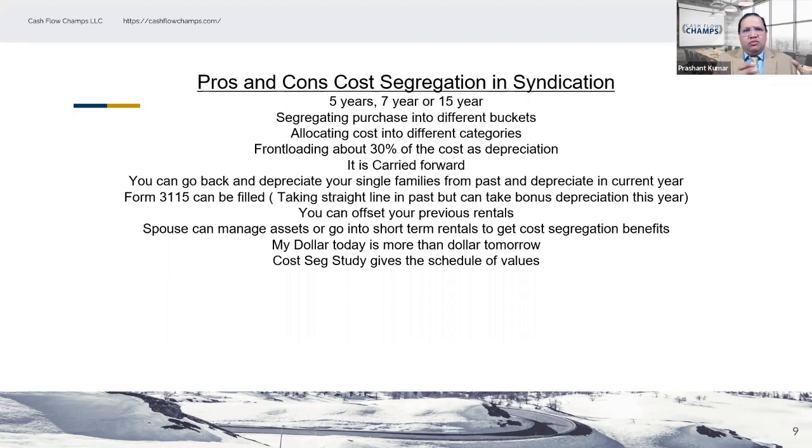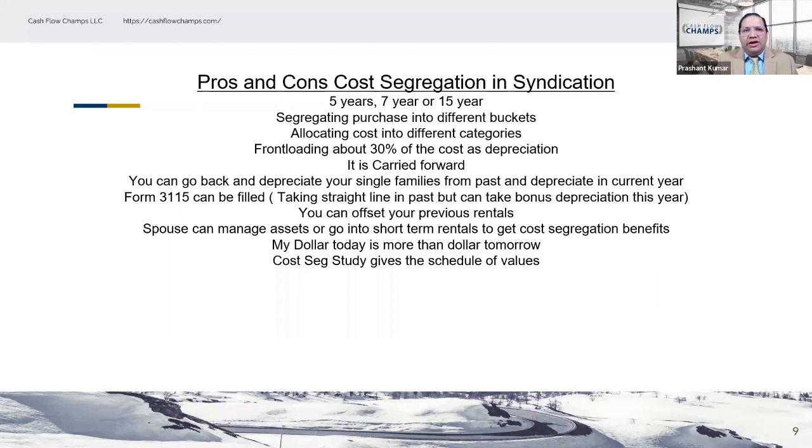Some things like carpets don't go for 27.5 years. The life cycle for the carpet is approximately 5 years. Other things go into the 7-year category, and some go into the 15-year category. It's hardly the case that a roof lasts for 30 years, so it probably goes in the 15-year category.